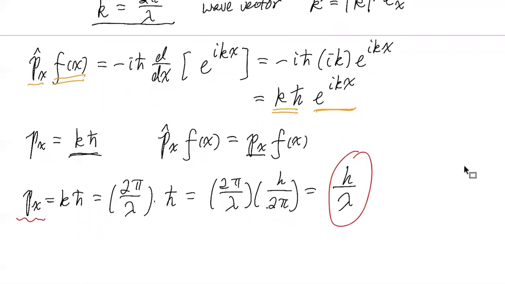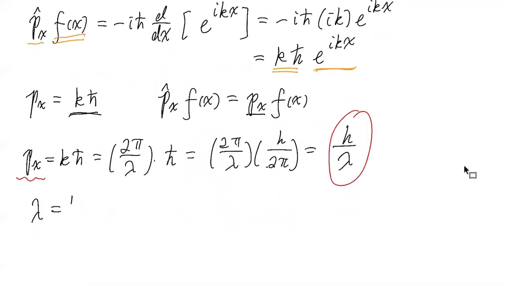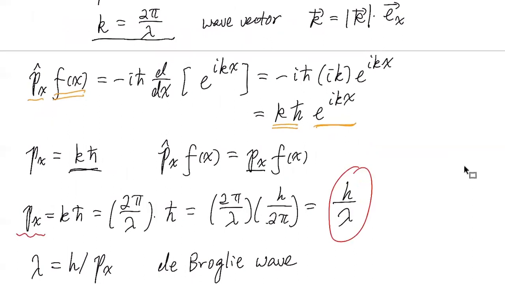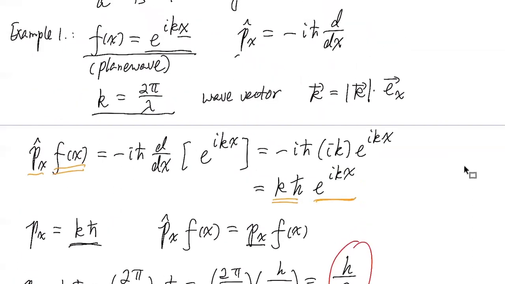This is the famous de Broglie wave, right? λ is h over px. Okay. This is, of course, the de Broglie wave. You see, everything becomes very clear now, right? This is what motivates us to write the momentum operator in this form, right? Here is a simple example to demonstrate this point.